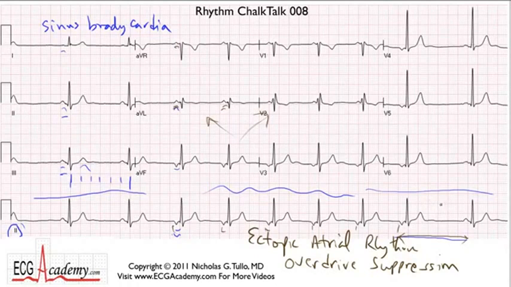It's able to deliver electrical signals. It has something called automaticity. But if another region of the heart is firing faster, then that automaticity is suppressed. That's why you don't have these ectopic atrial beats all the time, because the sinus node usually keeps them suppressed, because the sinus node tends to fire faster.